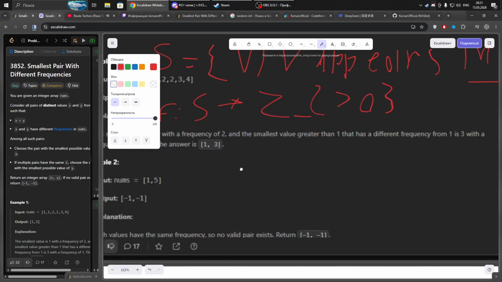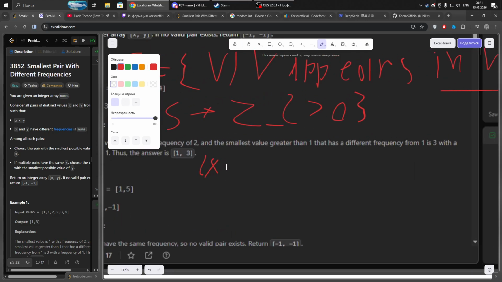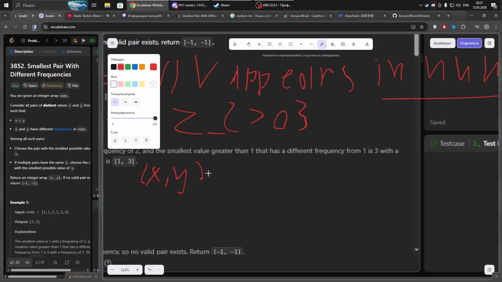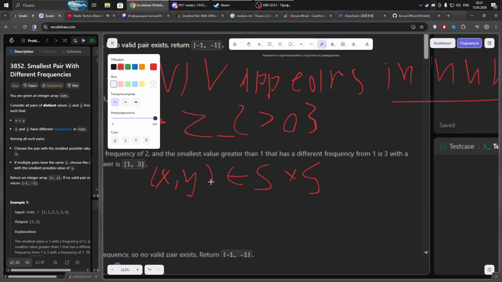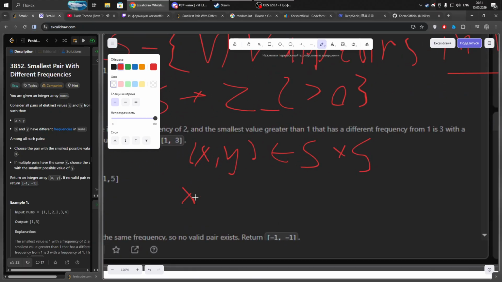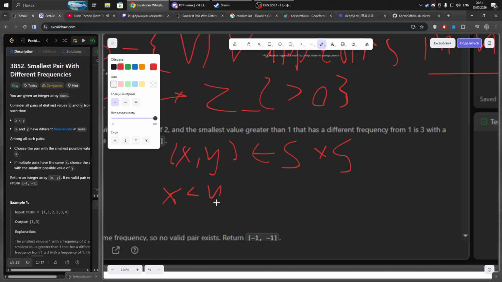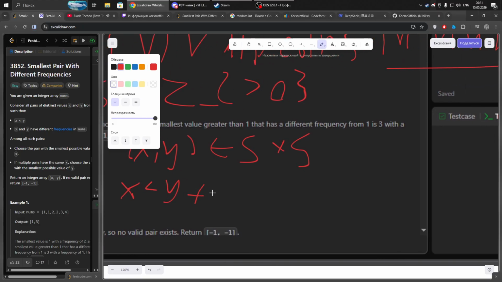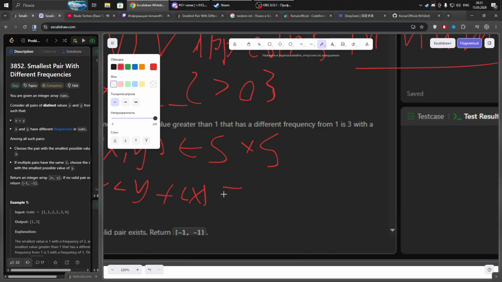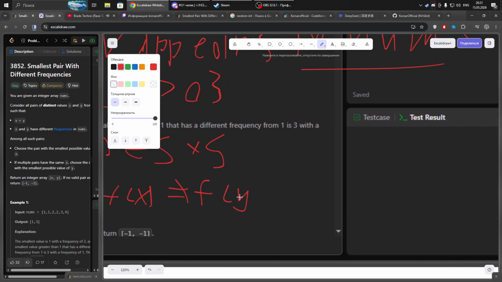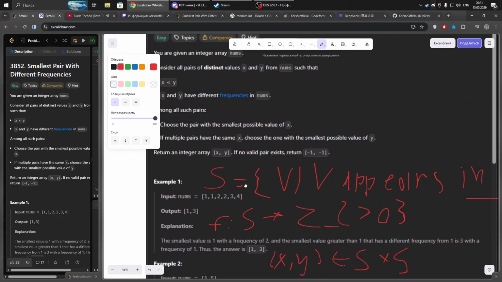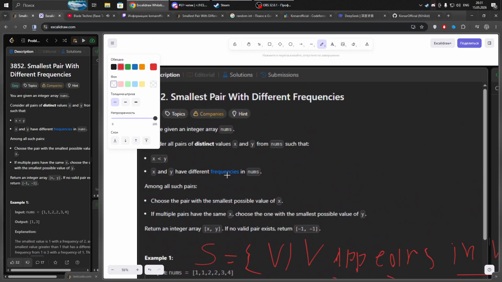So we need x, y subject to x lower than y, and f of x different from f of y, and lexicographically minimal by value.